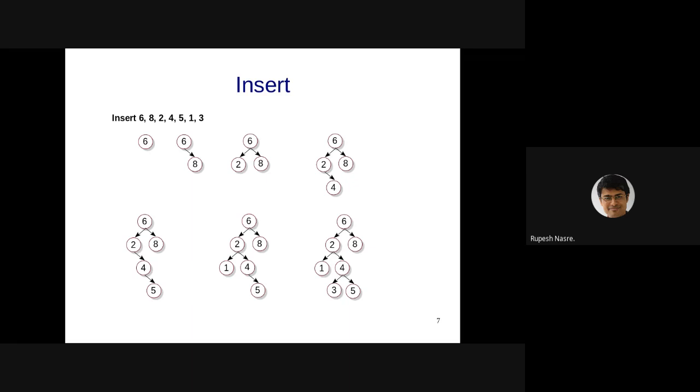If we want it balanced, then definitely the middle element out of this sequence of elements should be the root. That should be the first element to be inserted. Can I repeat that in the left part and the right part? Yes. If I want a very good height balanced tree, then at every stage, whatever the values are, I should pick the middle of the values.